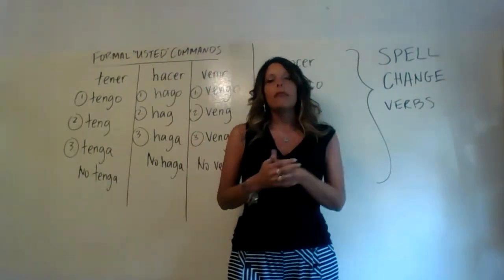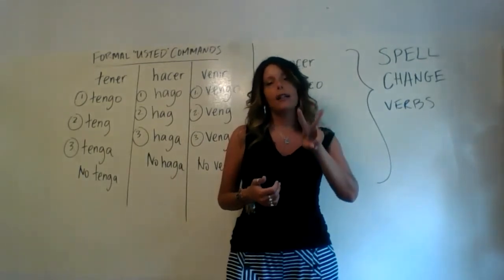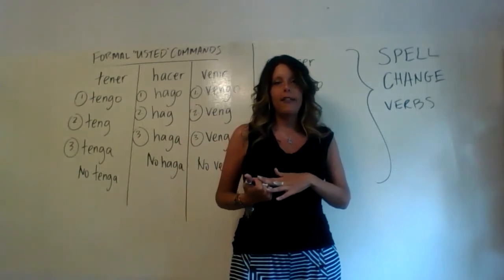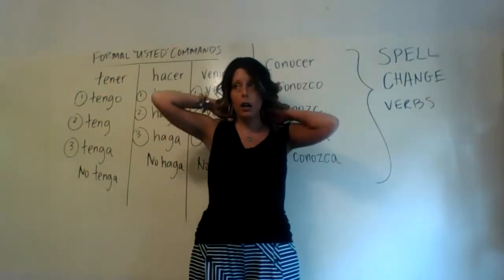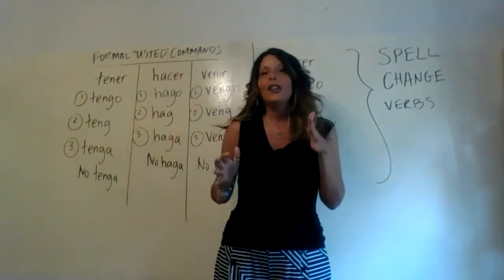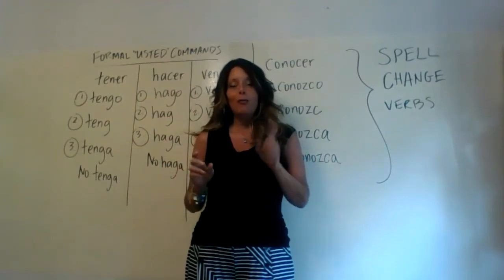So underneath spell change verbs, there are two different kinds of spell change verbs. We're going to look at these examples that I have behind me, but I have potentially good news for you. Well, it depends on how much you remember from a lower level Spanish class, but it could be good news.